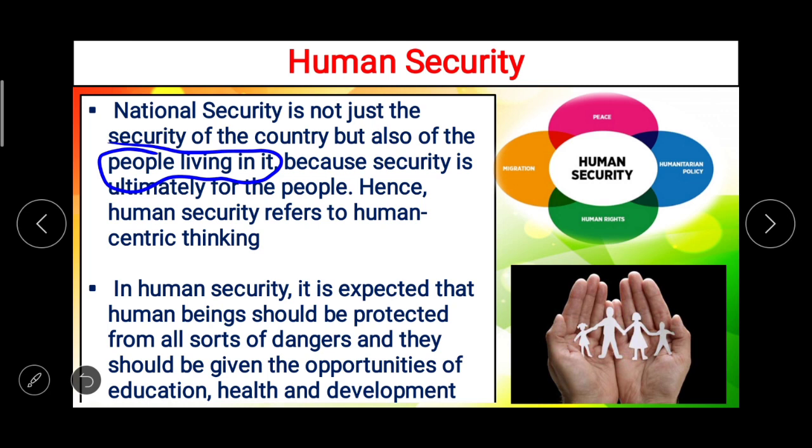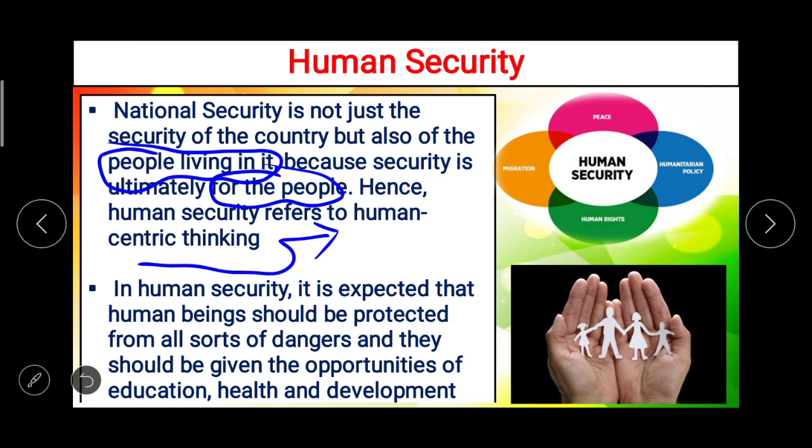And because security is ultimately for the people, hence human security refers to human centric thinking. क्योंकि बॉर्डर से हम किसी देश को तो बचा सकते हैं, लेकिन अंदर जो प्रॉब्लम है उनसे अगर लोगों को खतरा होगा तो उन्हें भी बचाना ज़रूरी है. That is what is human security.